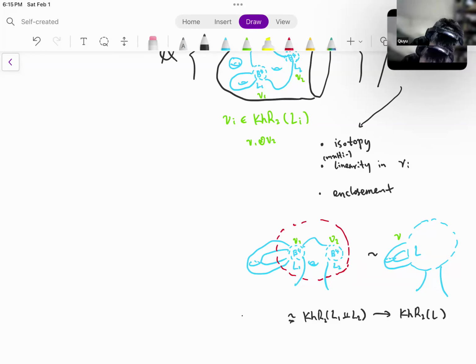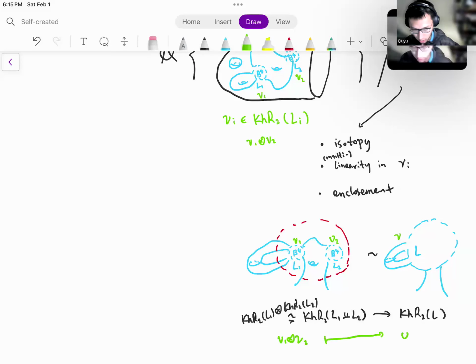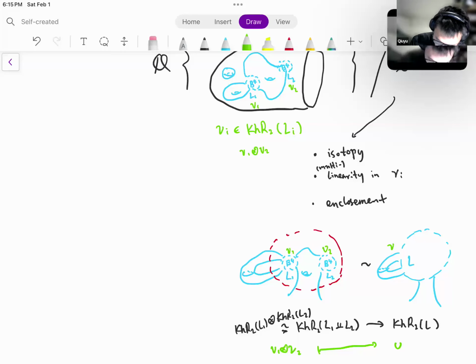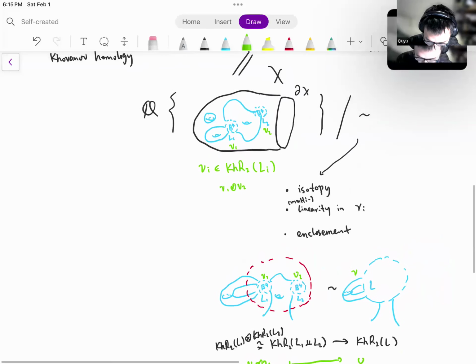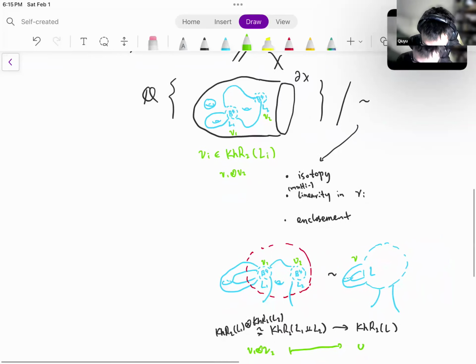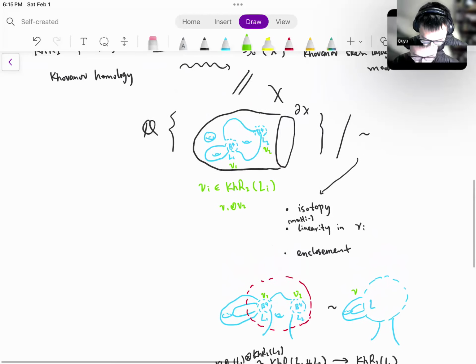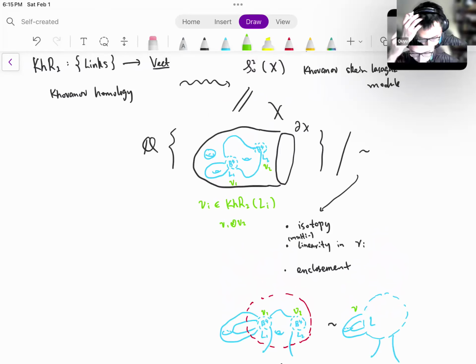So the left-hand side is the same as Khovanov L1 tensor Khovanov L2. So my label gets updated in this way. Anyway, after doing this formal definition, we obtain an invariant for smooth four-manifolds.